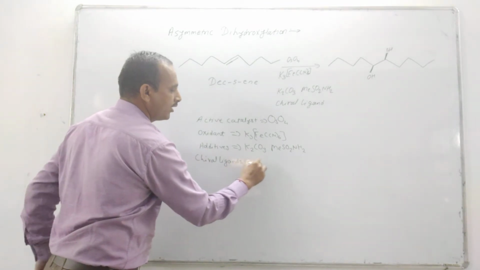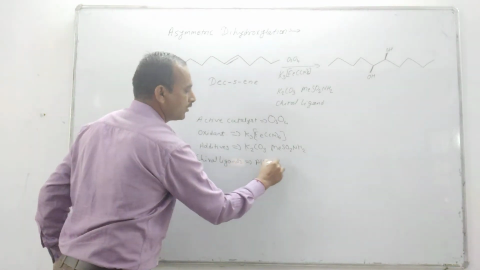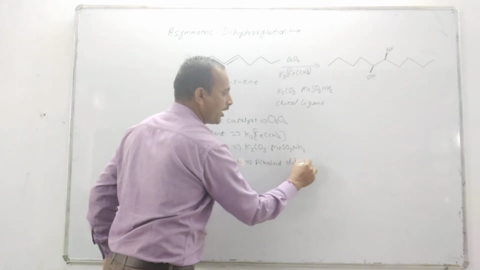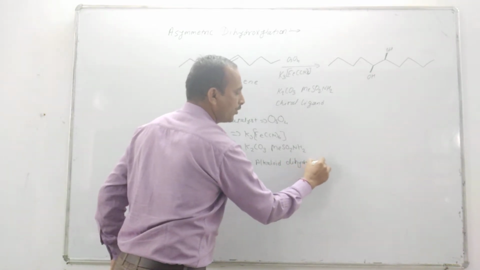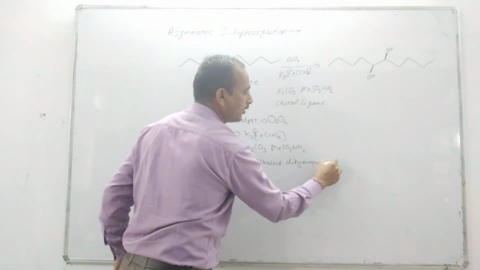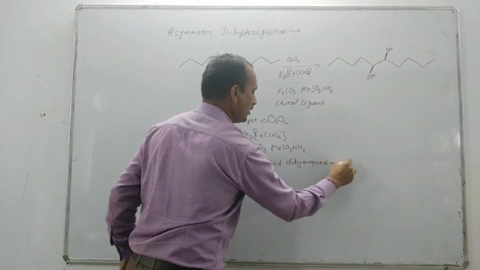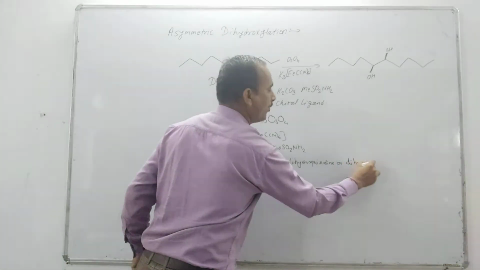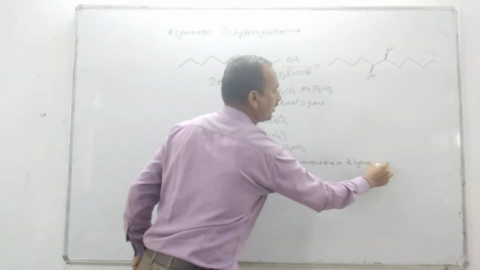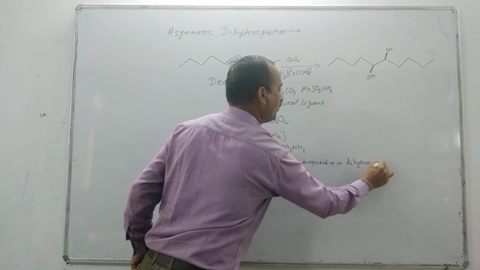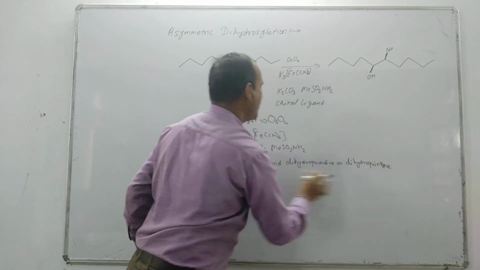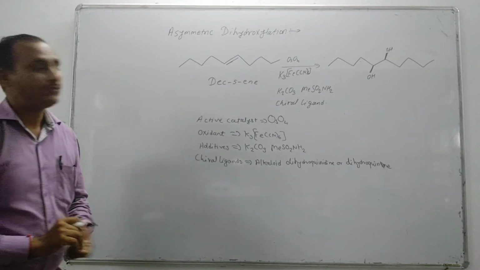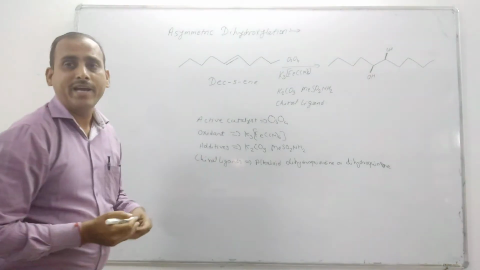and the chiral ligands used are the alkaloids dihydroquinidine or dihydroquinine. So these chiral ligands are used for this asymmetric dihydroxylation.